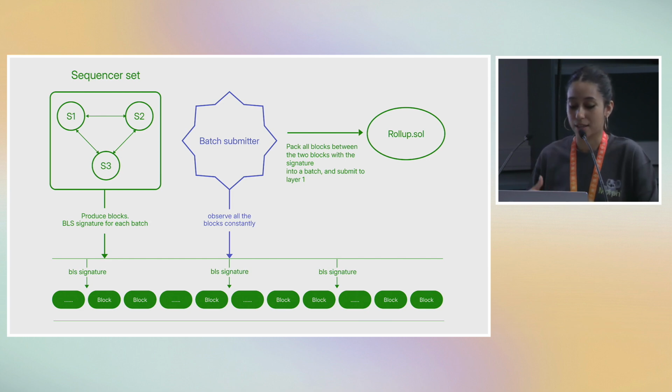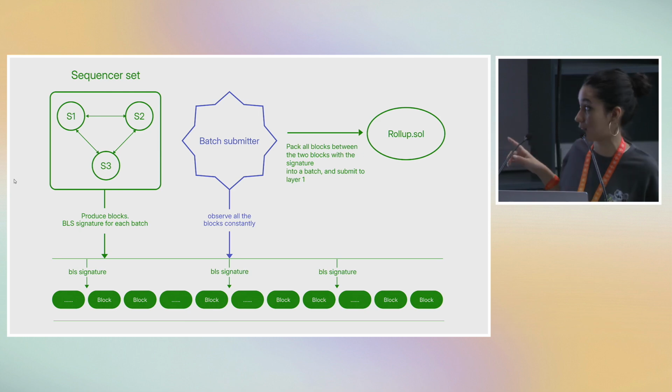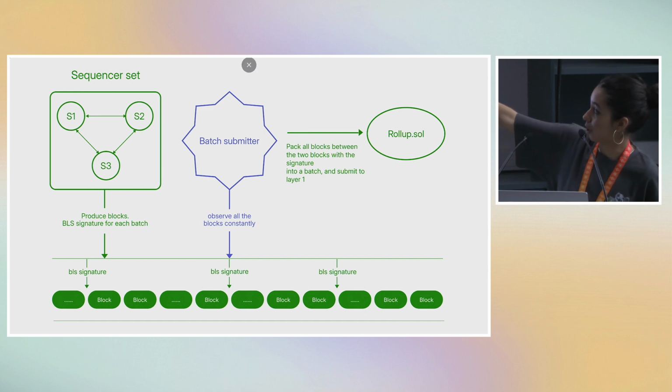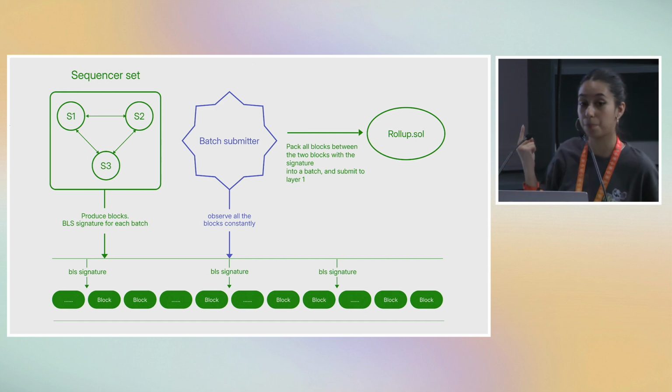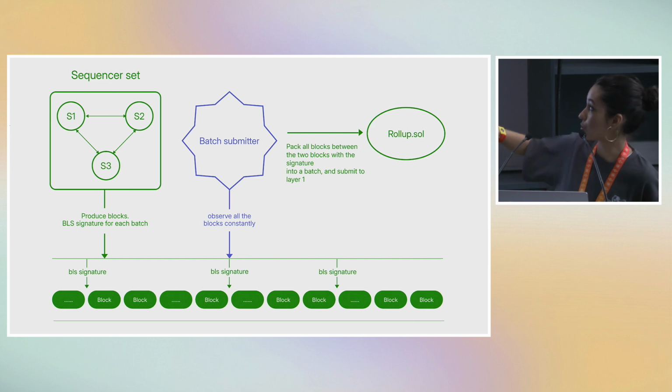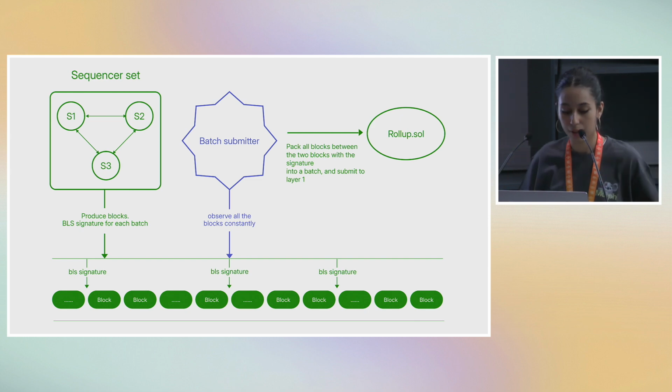The job of the selected sequencer is to send three things to the layer 1 contract. The combined signature for the whole batch, like you can see here, and they pack all blocks between these two blocks with a signature into one batch and then submit it to the layer 1. When the layer 1 receives this, it checks all of the submitter signatures to make sure that they match the transactions.